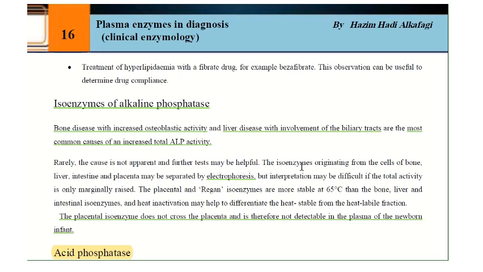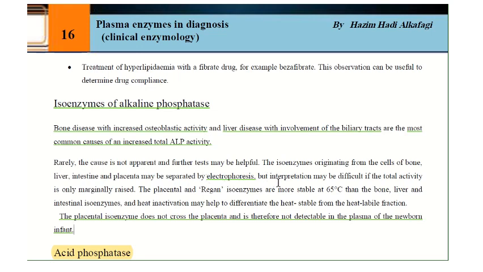The isoenzymes originating from the cells of bone, liver, intestine, and placenta may be separated by electrophoresis.